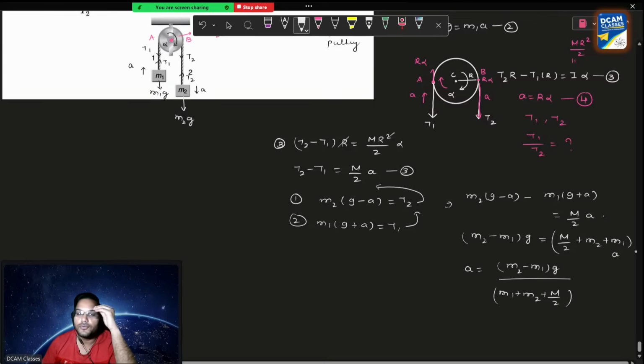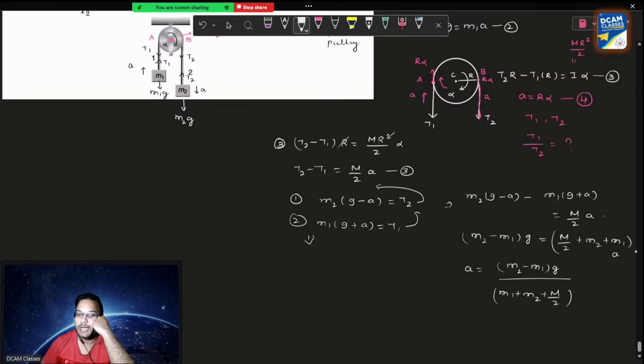See, initially don't worry. Initially, with these kinds of questions, you just have to focus on framing correct equations. Once you frame the correct equations, after solving a few questions, you'll get how to solve them easily. Now, when you have got the value of acceleration, put it in any one to get the value of T1 and T2.